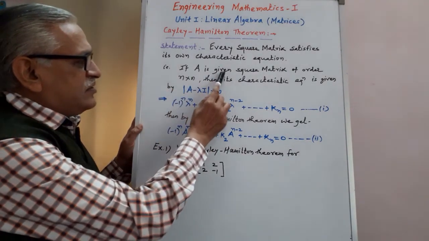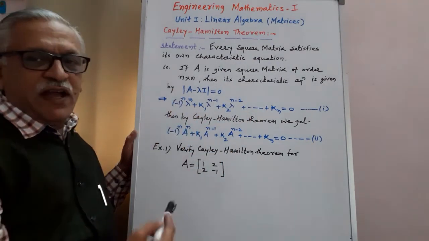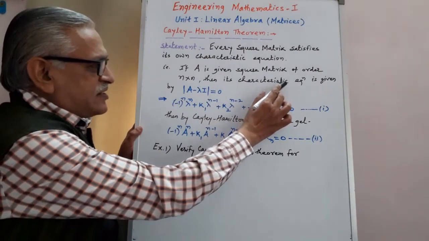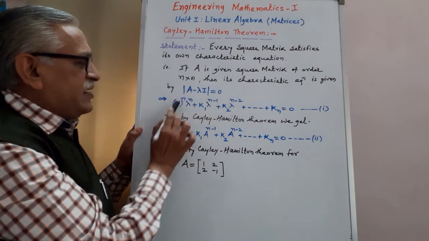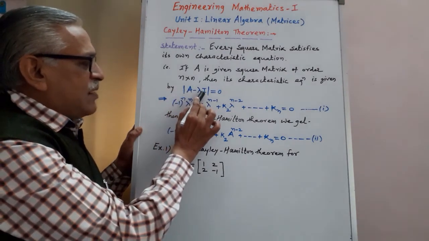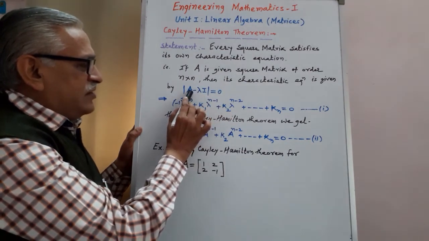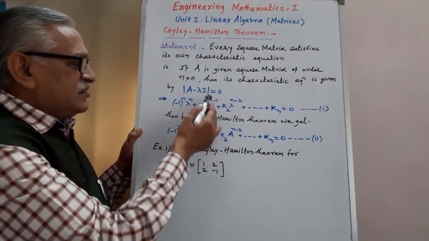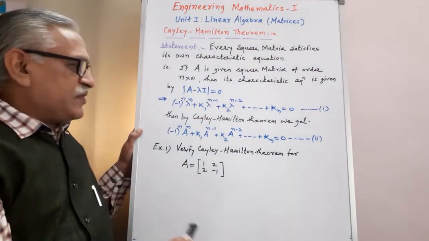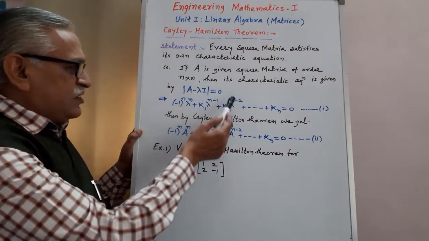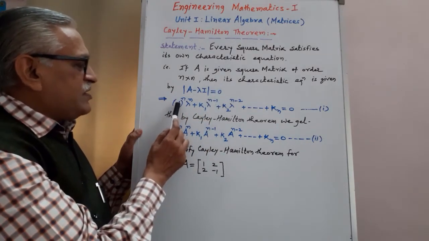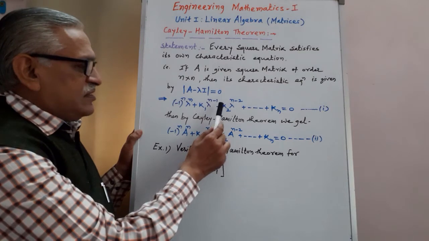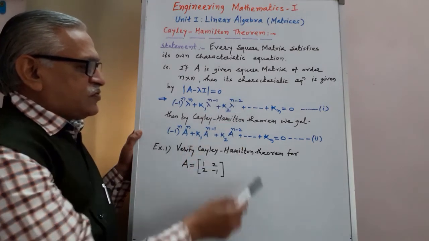That is, if A is a given square matrix of order n by n, then its characteristic equation is given by determinant of A minus lambda I equals 0, where A is a given square matrix, lambda is any scalar quantity, and I is the identity matrix of the same order as the given matrix A. If we evaluate this determinant, we have an equation of this type: minus 1 raised to n, lambda raised to n as the first term, plus k1 lambda raised to n minus 1, plus k2 lambda raised to n minus 2, and so on.